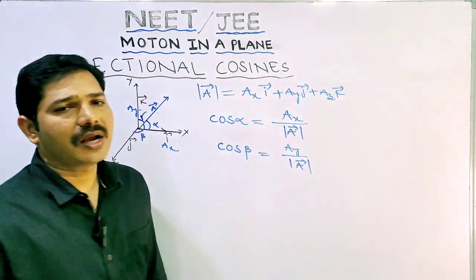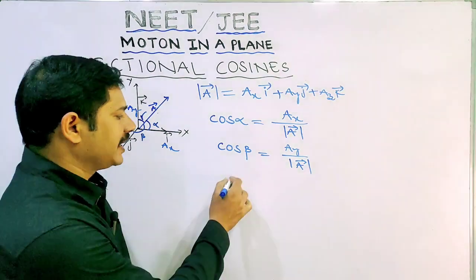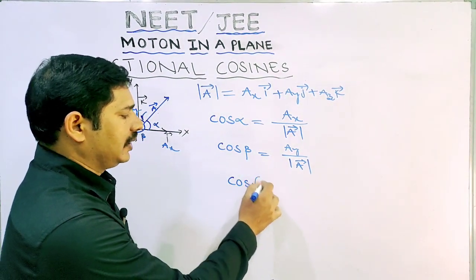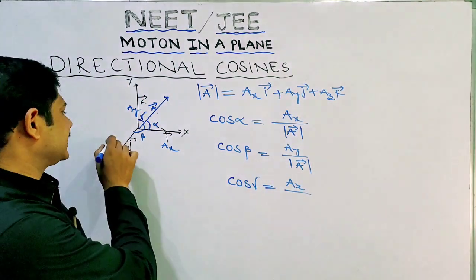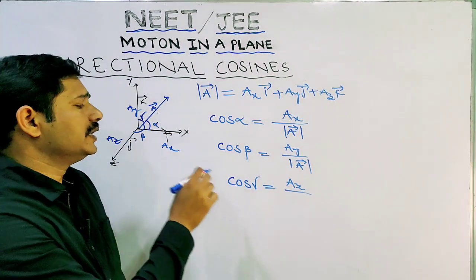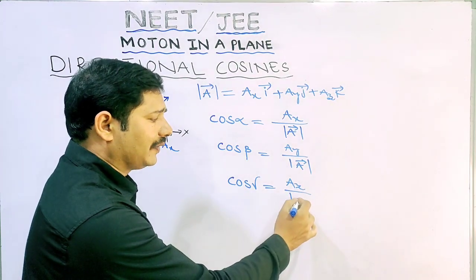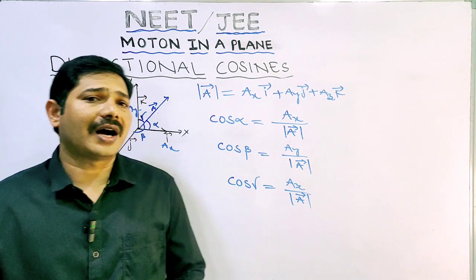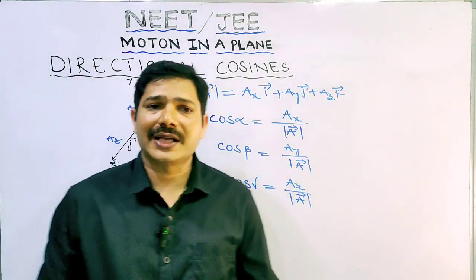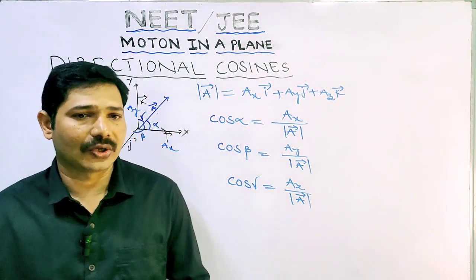Like that only, cos gamma is az by mod of a bar, for the z-axis. These cos alpha, cos beta, cos gamma are called directional cosines.